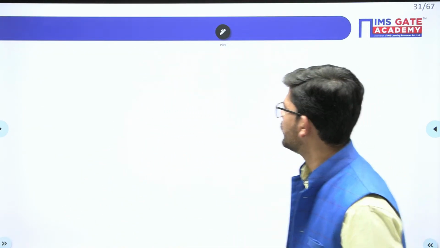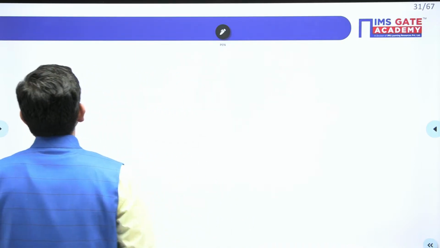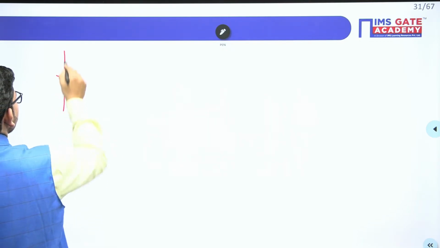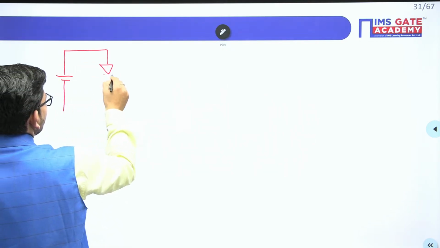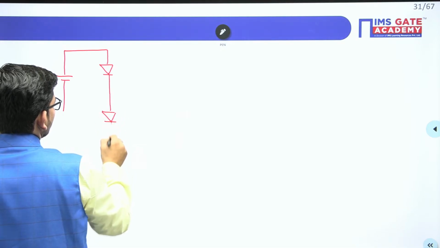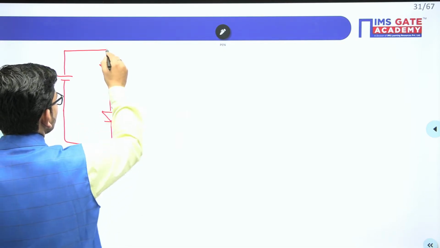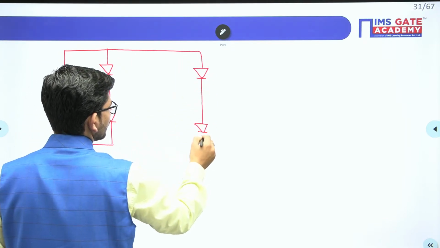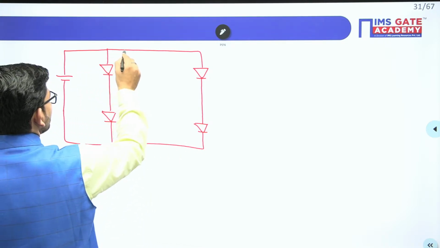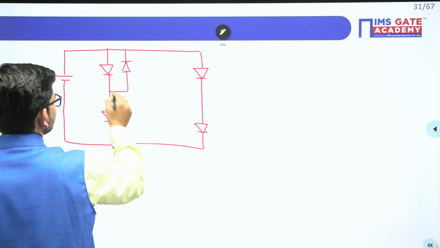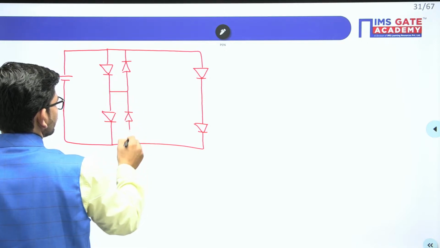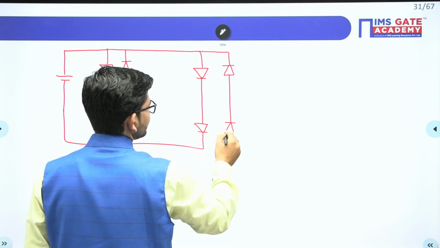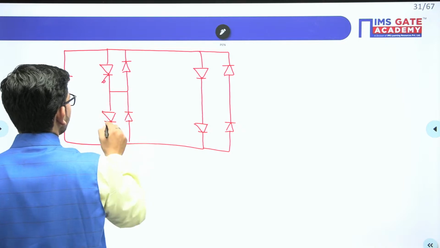Okay, so guys, in case of a single phase full bridge inverter, let me just draw the single phase full bridge inverter first. So this is my full bridge inverter that I have.